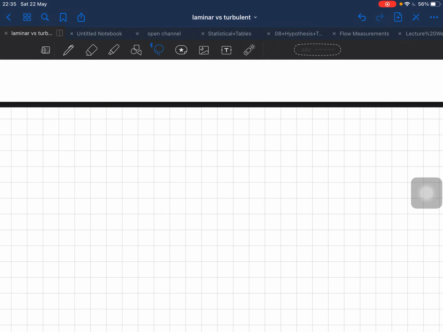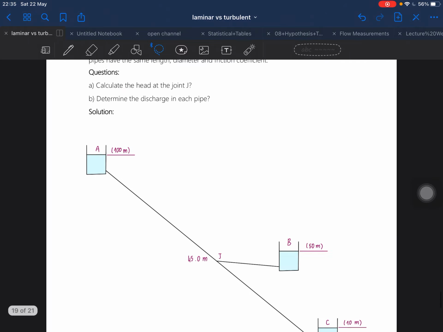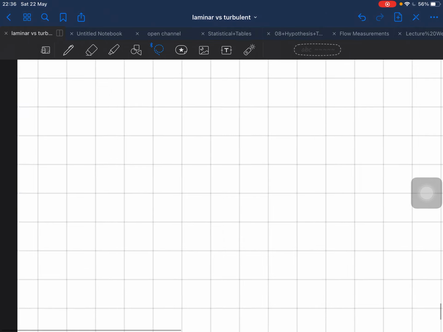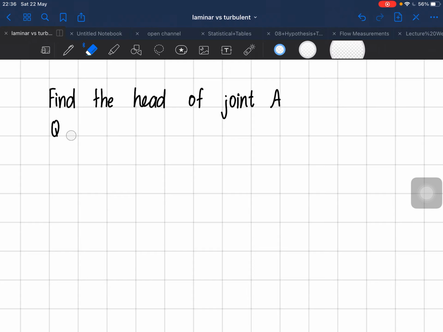Yep. So now let's compute it together without wasting our time anymore. They're asking for the head of joint A. So, find the head of joint A. The Q of this part AJ equals the Q of JB plus the Q of JC.